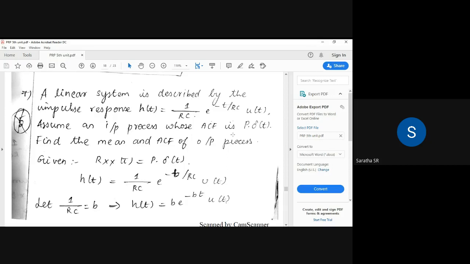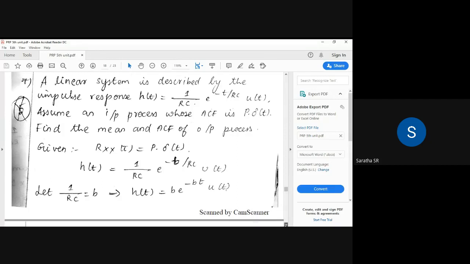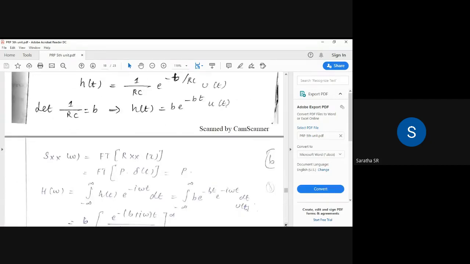So Rxx of tau is given, p into delta of t, and h of t is also given. Then assume 1 by RC as b, because then we'll get the simplified answer. So we get h of t equal to b e power minus bt u of t, replacing 1 by RC by b.